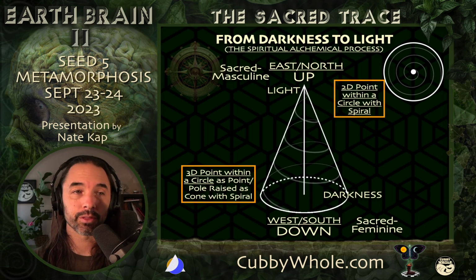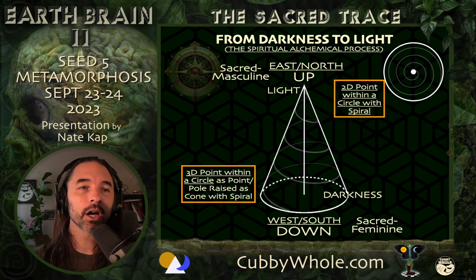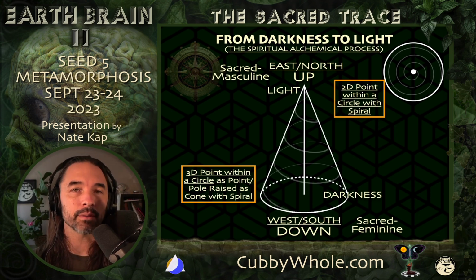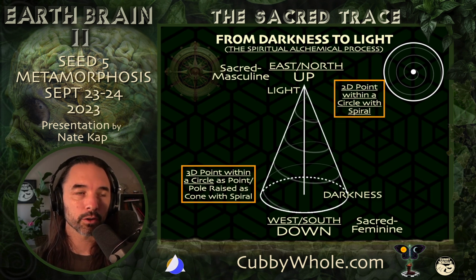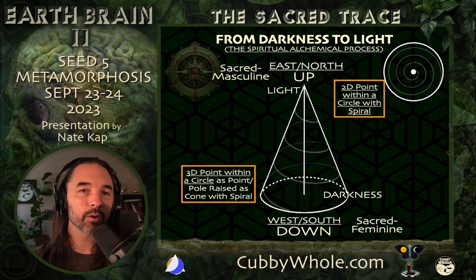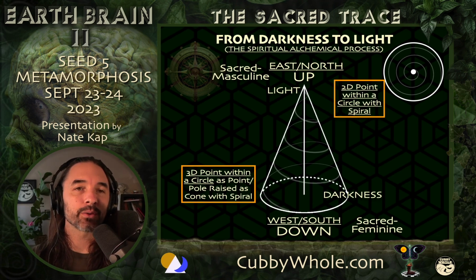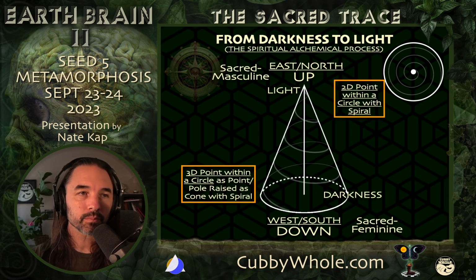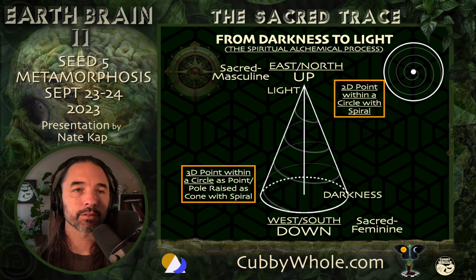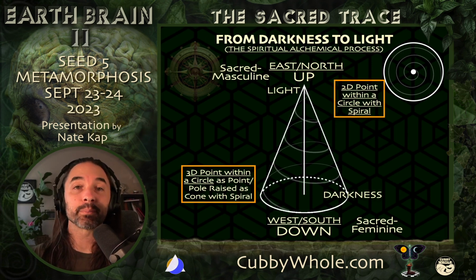So this cone symbol is a three-dimensional symbol of the point within the circle, which is what we see in the top right. And adding the spiral that you see going from the circle to the point, this is what generates the bridge, which is essentially just the journey of the self. That's what it represents.